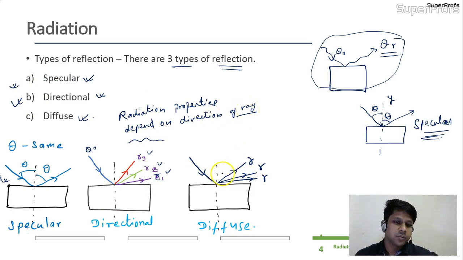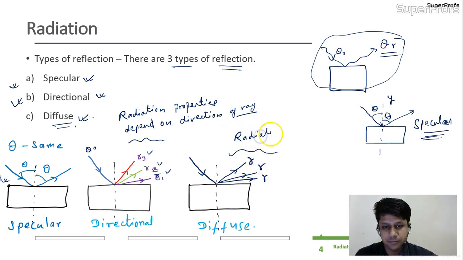Correct? Now the third one is diffuse, and in diffuse reflection, the radiation properties are independent of direction. Here you can see this ray was reflected in three different directions, and the properties are the same for each direction, R, R and R. So radiation properties are independent of direction.